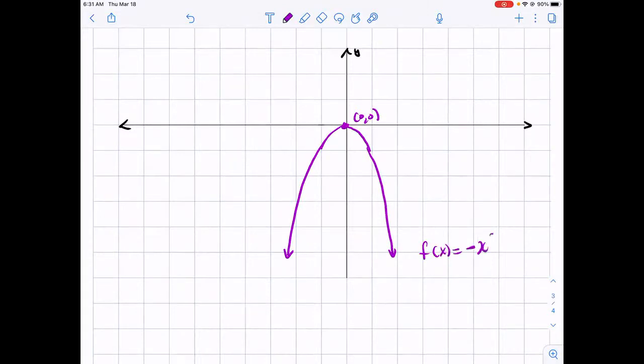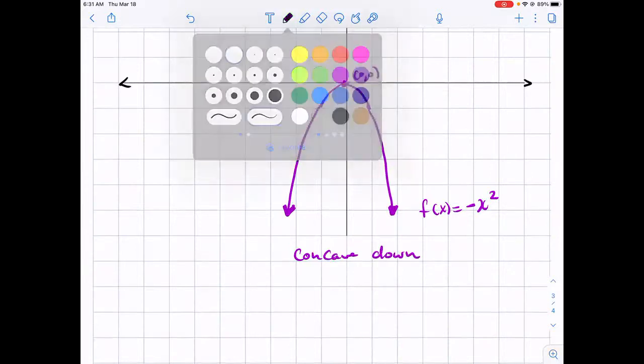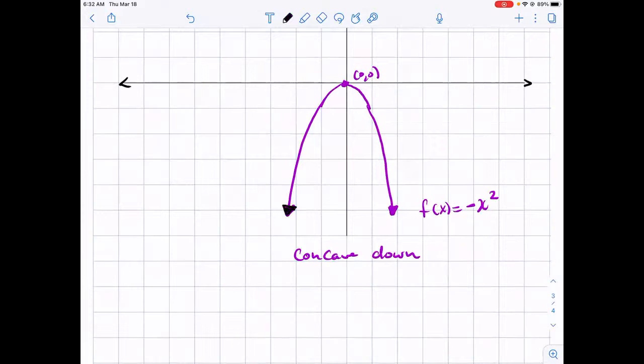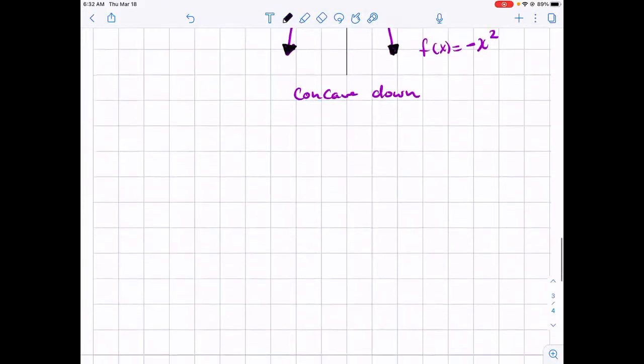When these arrows are pointing down, we say that this is concave down. We know that because the arrows are pointing down. When the arrows are pointing up, we call them concave up.